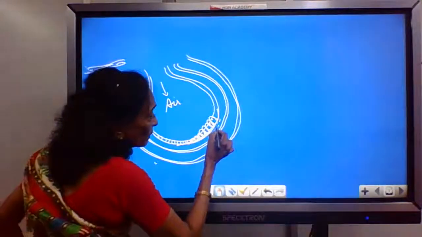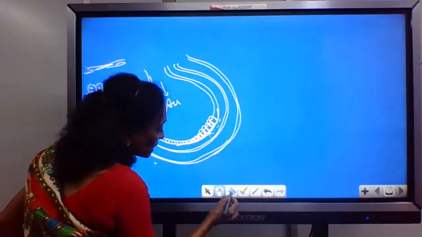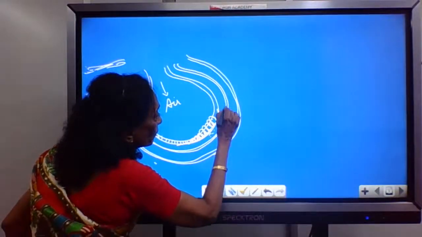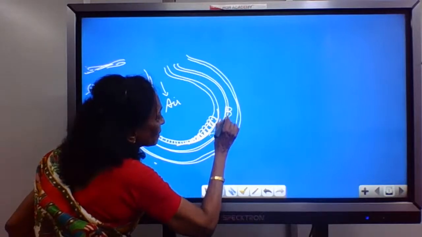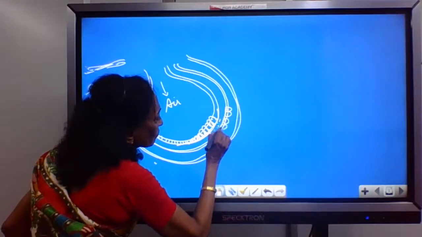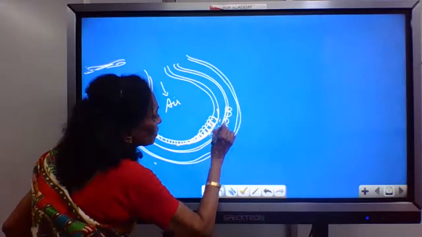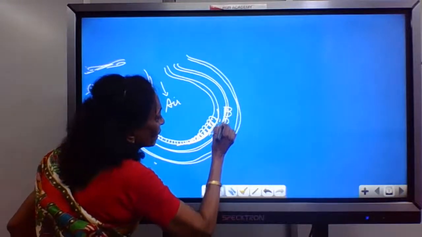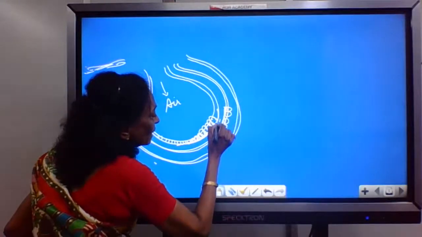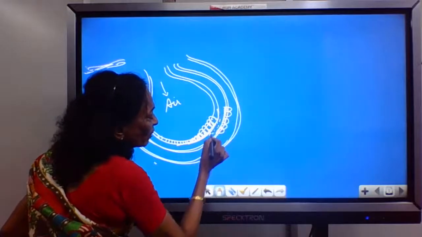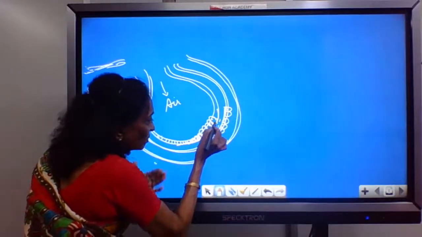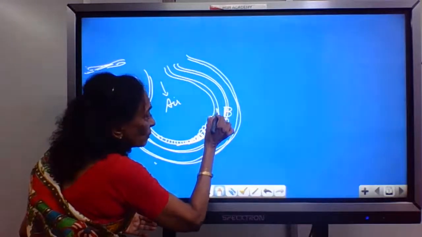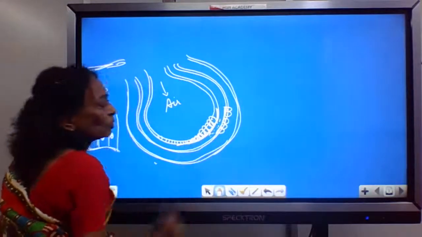Now this is also an epithelial layer. So how will the cells of this epithelial layer be? The basement membrane will be here, and the cells will be facing inward like this, inside. Now this is a cell facing inside, with a narrow capillary space in between.